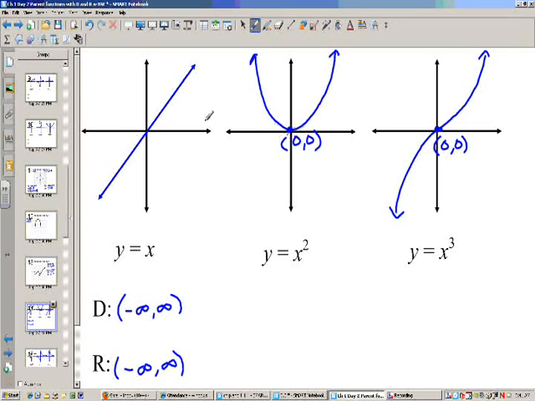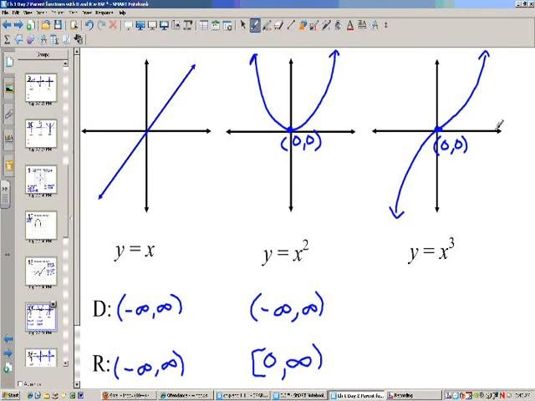On this one, the x values go all the way to the left, all the way to the right, so we're going to go from negative infinity to infinity. But my y values don't. My y values start at 0, and 0 is included, because there is the point 0, 0. So we use a bracket on the left-hand side. But since it goes up to infinity, we use a parenthesis on the right-hand side.